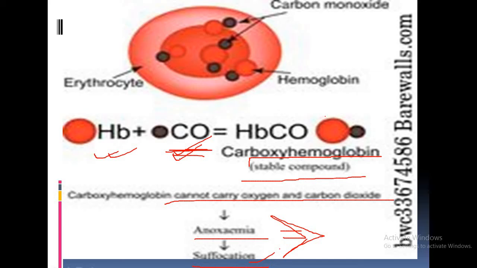Once a molecule of carboxyhemoglobin is formed inside the body, it will make the RBC or hemoglobin unable to carry oxygen or carbon dioxide, and this will result in anoxia and suffocation, and the person may die. So that is why it is known as carbon monoxide poisoning.